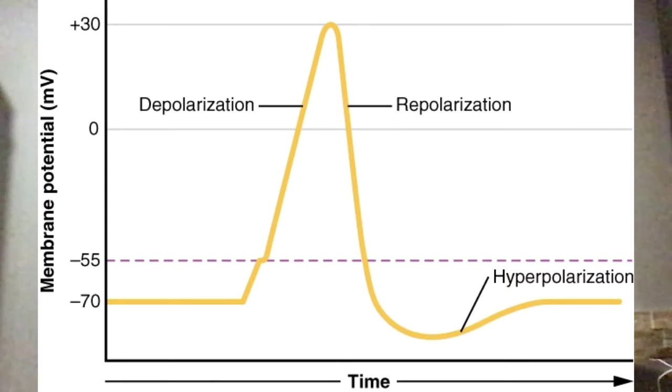But also notice the x-axis is indicating time, and this is actually in milliseconds. So an action potential is very fast, but the timing is also important. We're going to look at this graph throughout this presentation, and I'll be explaining the rest of the graph as we get going.